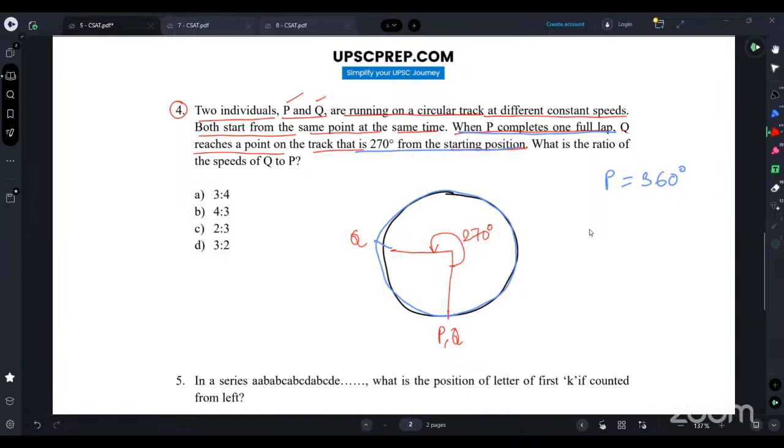As you know, guys, if I want to calculate the circumference with respect to the angle, the formula is r into theta, where theta is the angle.